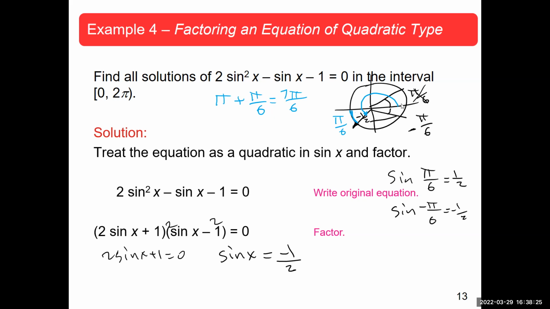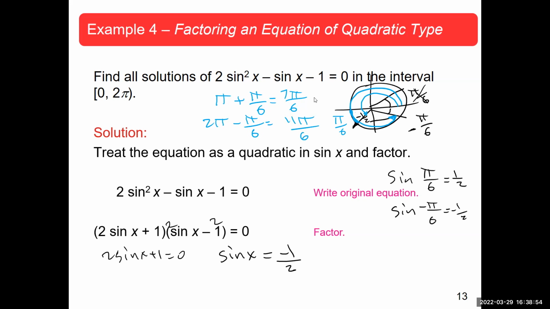The other one, I have to go all the way around to here. That's basically 2 pi minus pi over 6. Then you get 11 pi over 6.